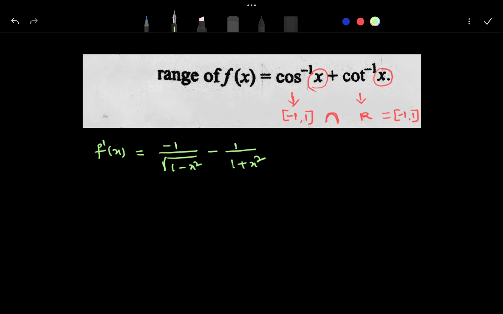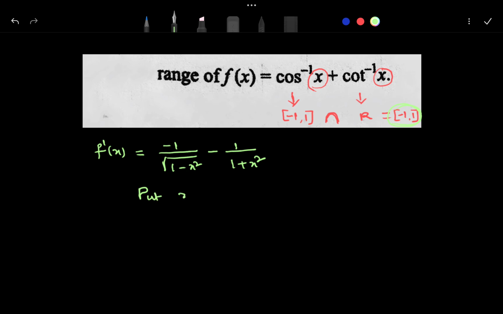So what is the domain of the function f of x? This is the total domain of f of x. You have to check whether this is an increasing function or a decreasing function. So I will take one number in that interval. Put x is equal to 0.